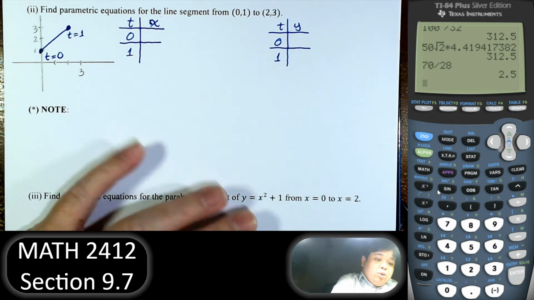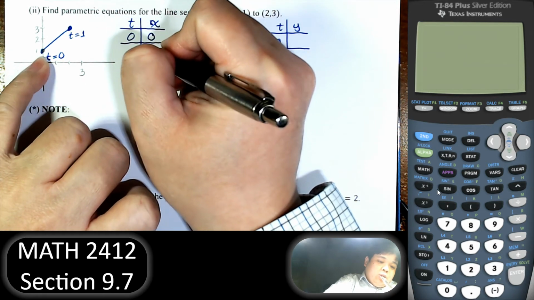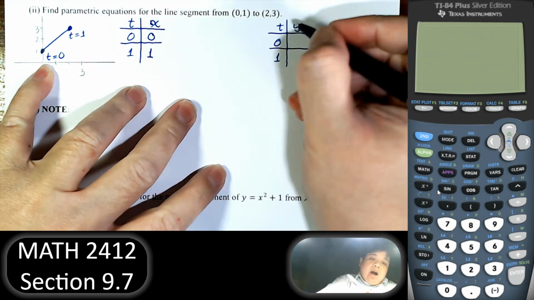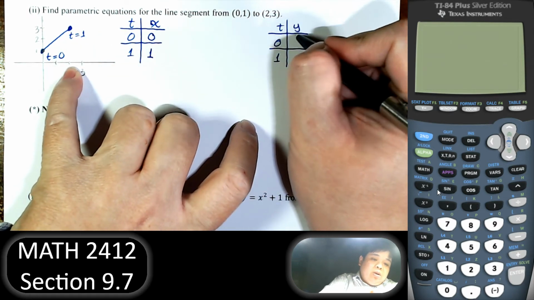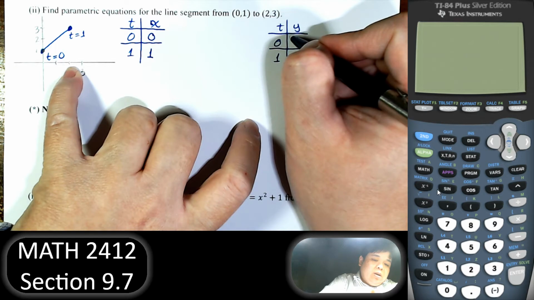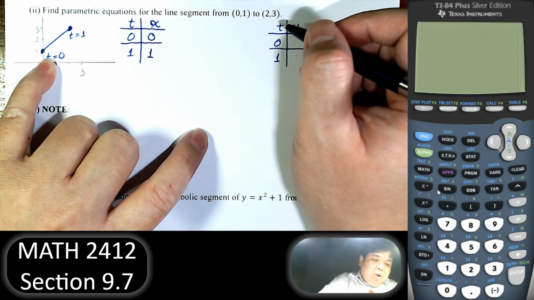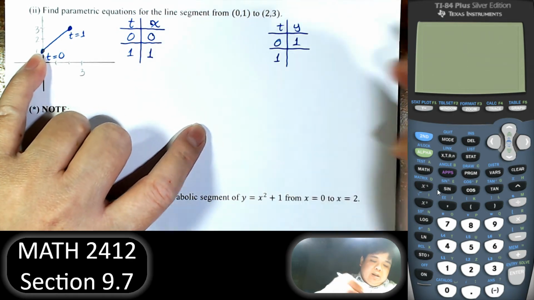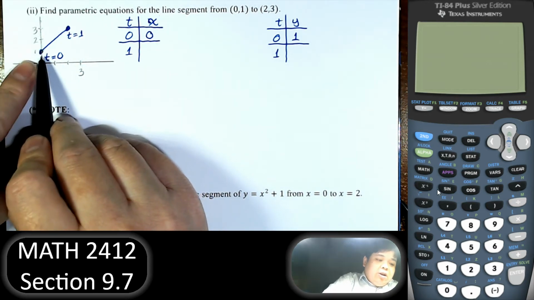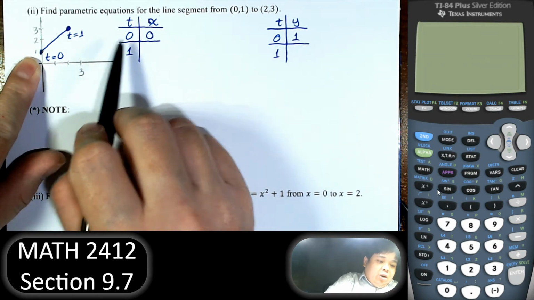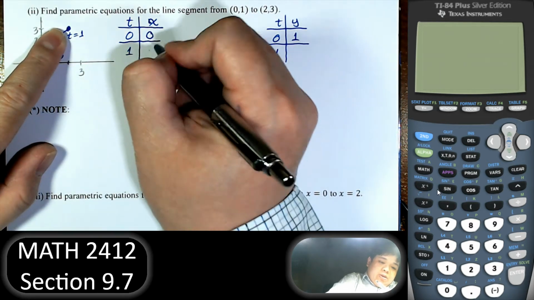Sorry. T equal to 0, x is equal to 0, t equal to 1, x is equal to 2.